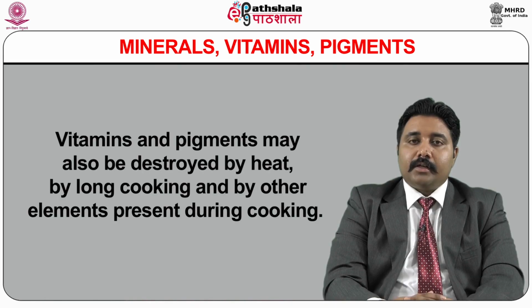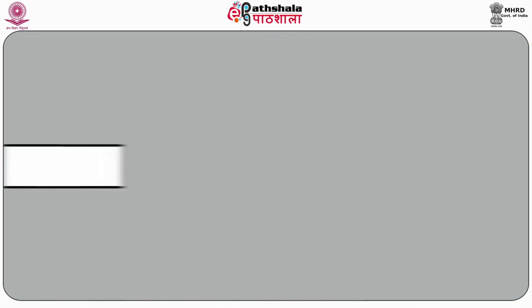Vitamins and pigments may also be destroyed by heat, by long cooking, and by other elements present during cooking. It is important then to select cooking methods that preserve as much as possible a food's nutrients and appearance. These will always be a consideration when cooking techniques are involved.